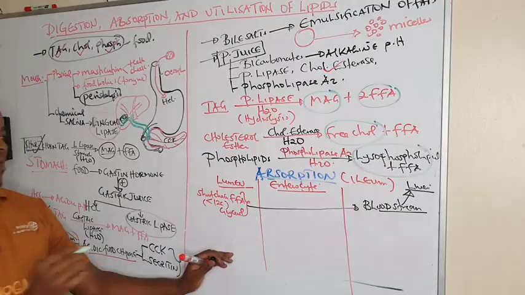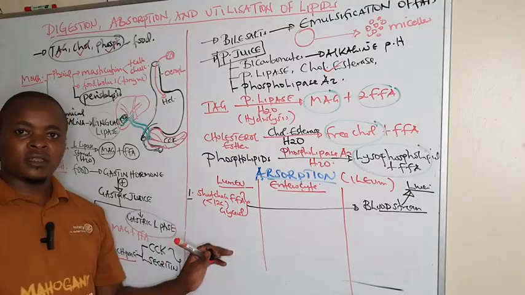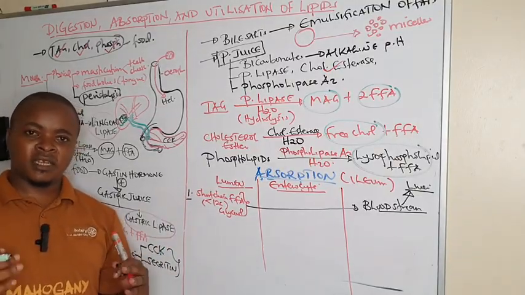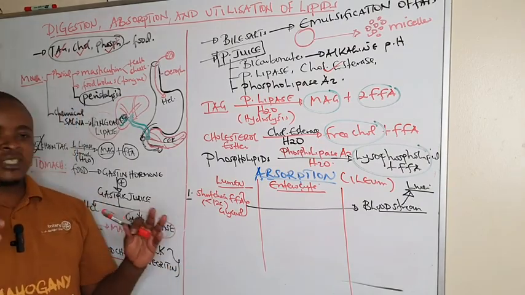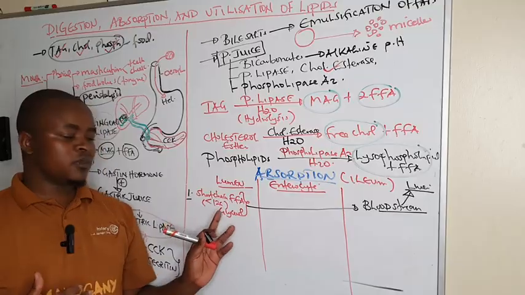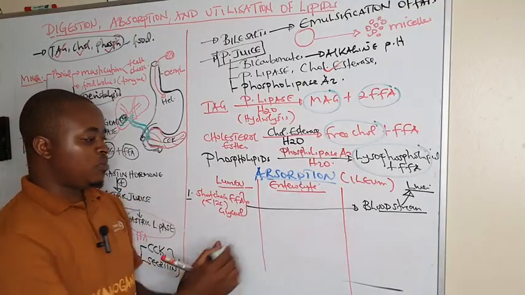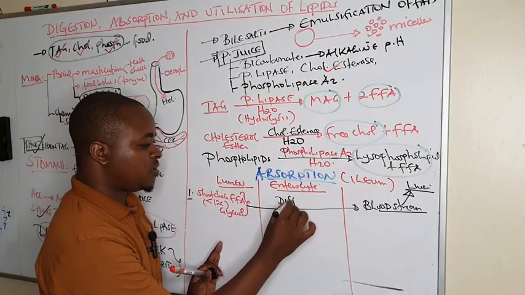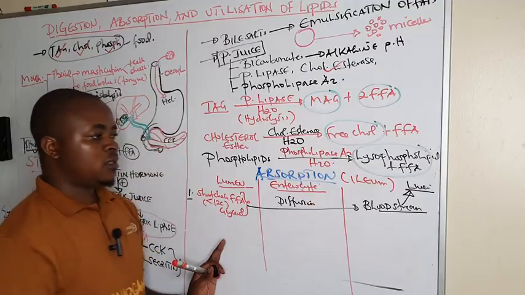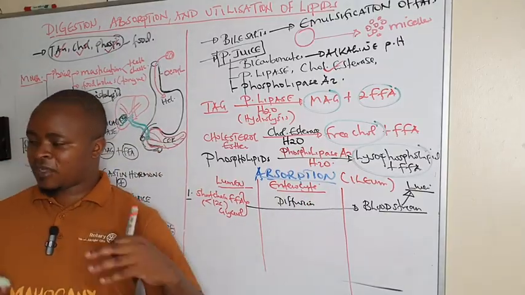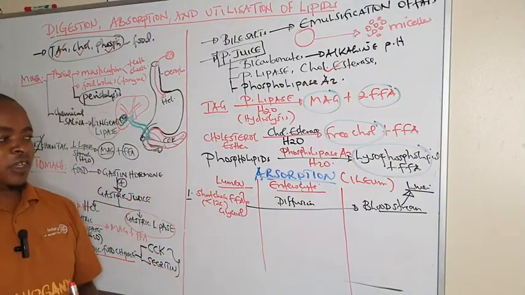That is point number one to note under absorption: the short chain fatty acids, with fewer than 12 carbon atoms, and the glycerol are absorbed directly to the bloodstream by diffusion and taken to the liver via the hepatic portal vein.